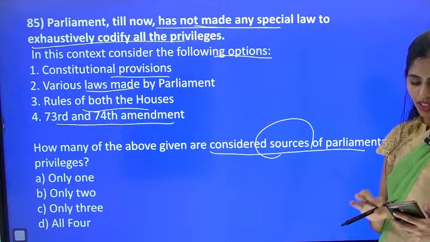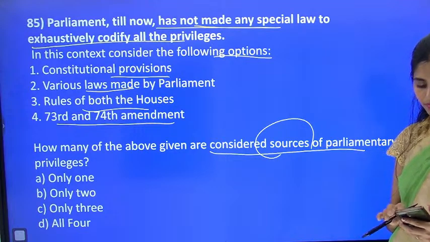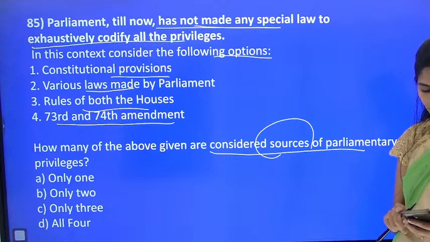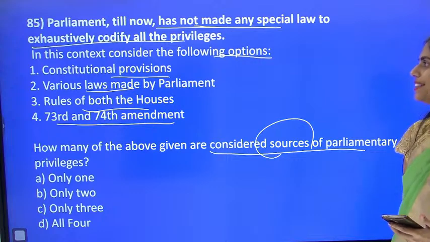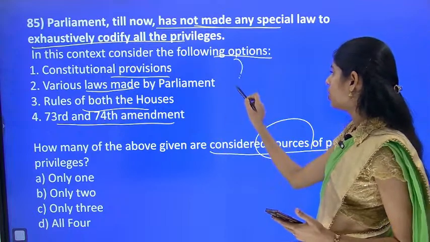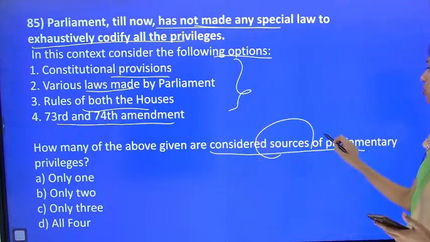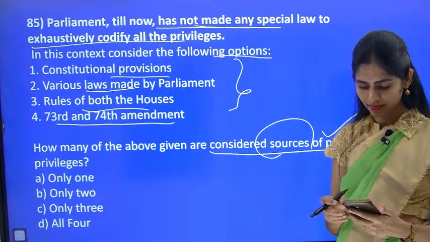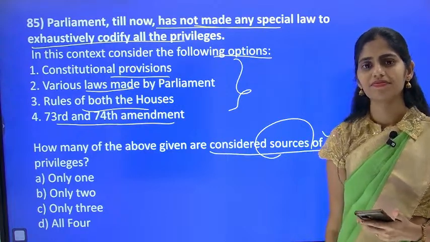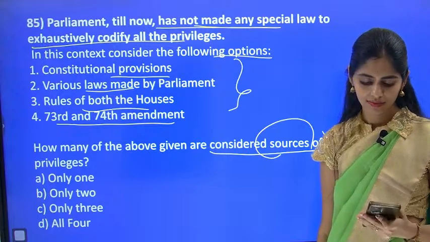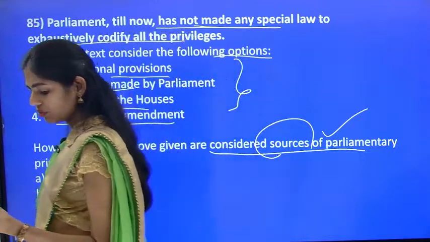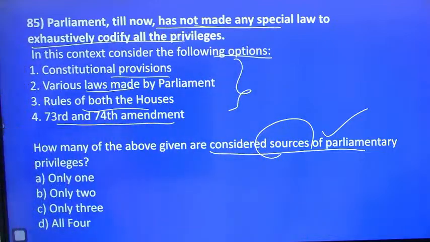So which of the above are considered as sources of parliamentary privileges? Tell me, it is very easy. Which of the options talk about the sources of parliamentary privileges? Come on. If you see these 4, which one is odd?